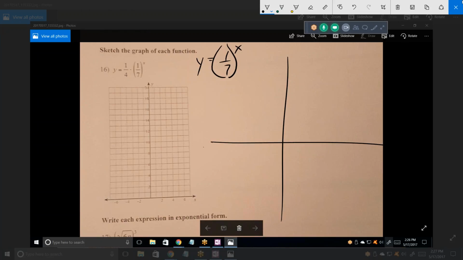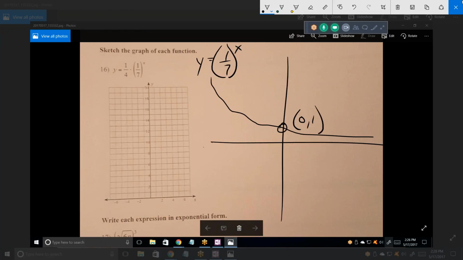Now, does that go lower left to upper right, or does it go upper left to lower right? Upper left to lower right. And this point right here is what? 0, 1. Put the x and the y coordinates on it.